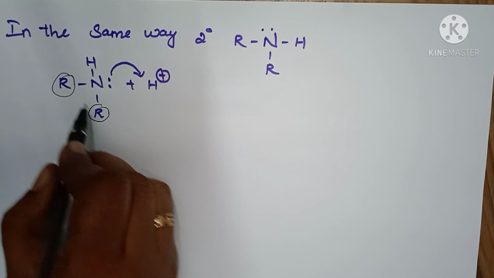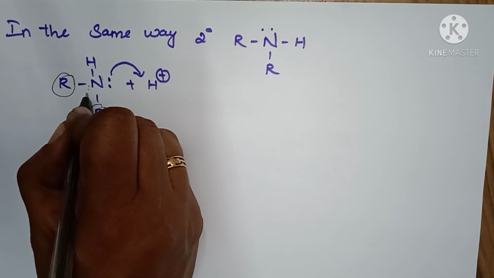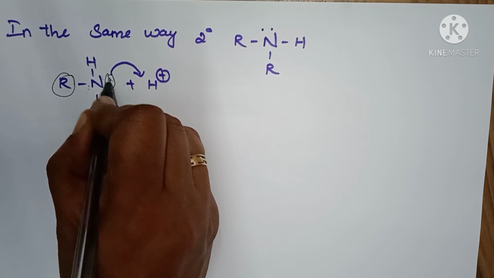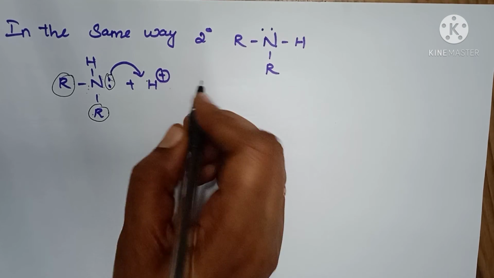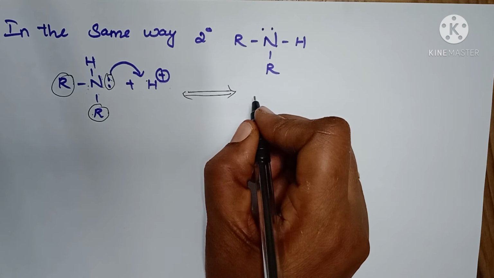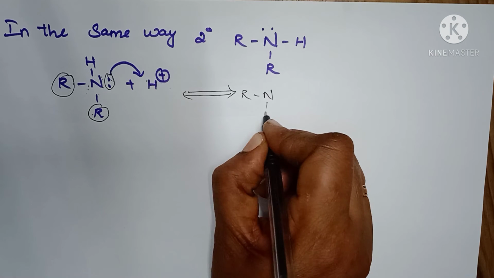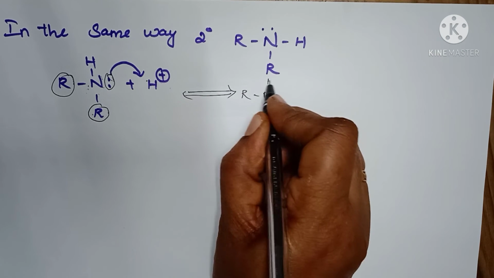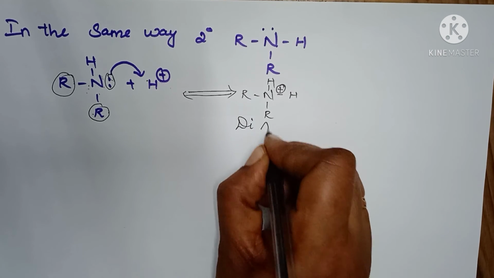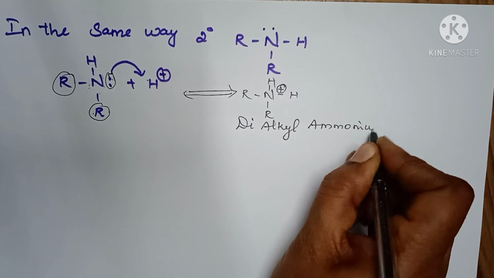It's giving more pressure to the nitrogen, so naturally the density on nitrogen increases. When the density on nitrogen increases, the electrons are pushed towards that positive hydrogen ion. Then you will get dialkyl ammonium ion: N, R, R, H, H, with a plus sign.